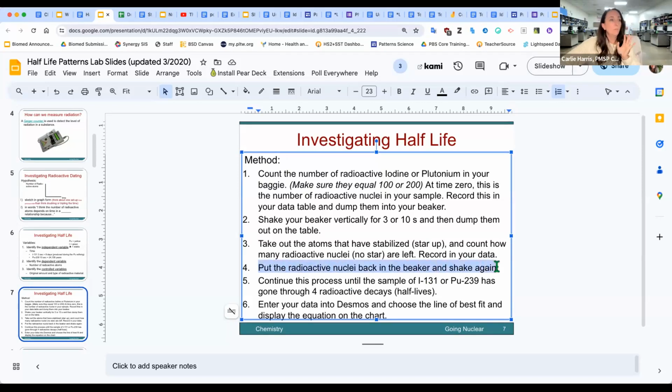And they're going to put the radioactive nuclei back into their beaker and shake it. It's really loud in the classroom this day, right?